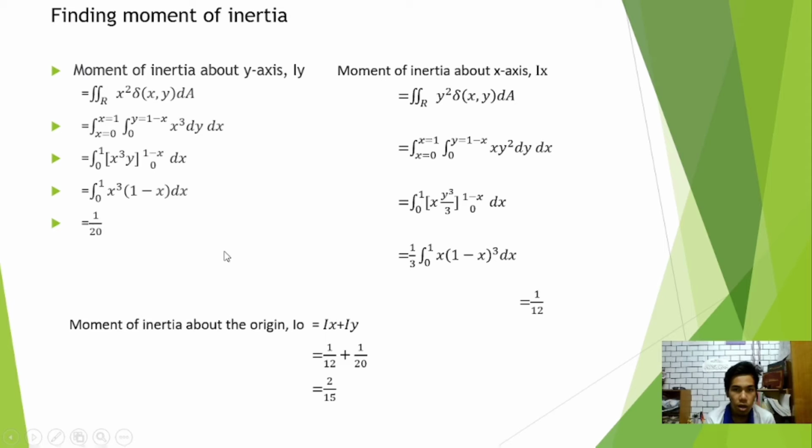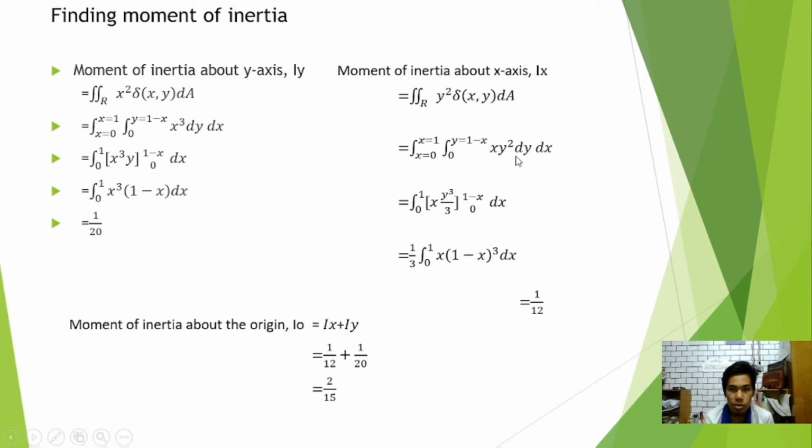Okay, next we find it for the x-axis and we use this formula: double integral of y squared delta(x, y) dA. Integrate x equals 0 to 1, y equals 0 to 1 minus x, of x y squared dy dx.